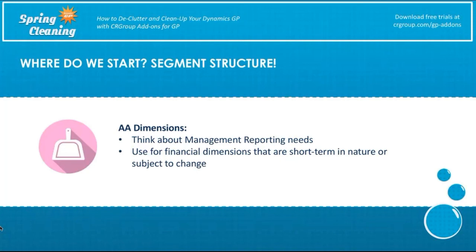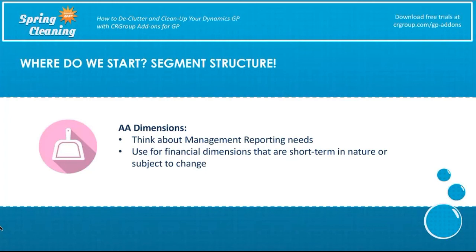And I think maybe analytical accounting doesn't get enough thought process when we look at a chart of accounts restructure. You should at least consider analytical accounting and what it can do. If there's one caution I bring up all the time with our clients as we go through this exercise, it's that core GP budgeting, the budget wizard for Excel and the GL budget function, if you're using that, works really well with the chart of accounts and the financial segments embedded in the chart of accounts.